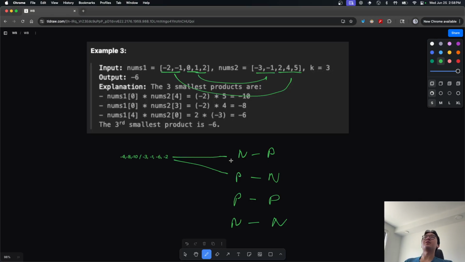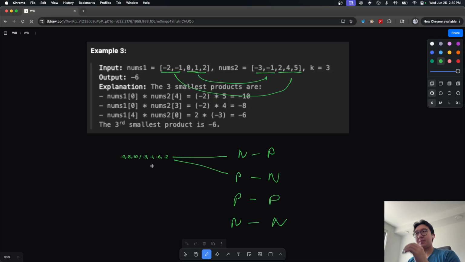How can we use binary search? Since everything's ordered, we can actually, let's see. In the worst case, we will still have to use binary search, dude.